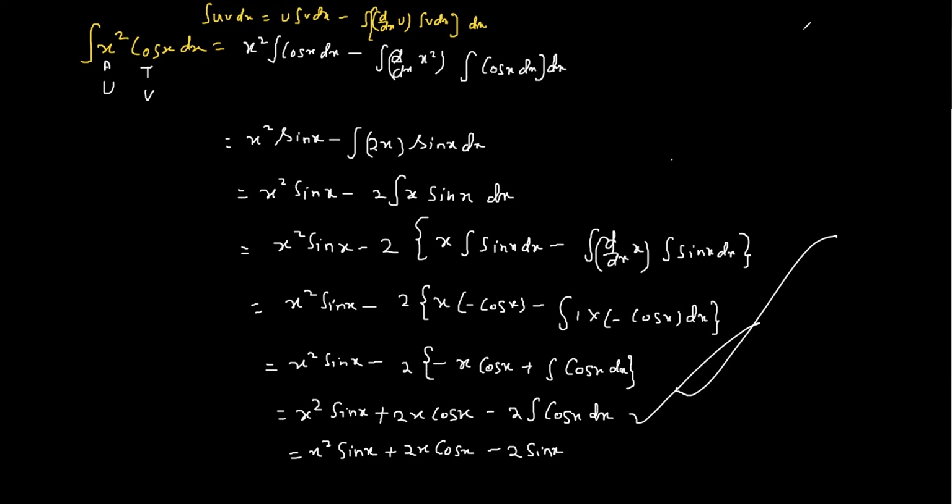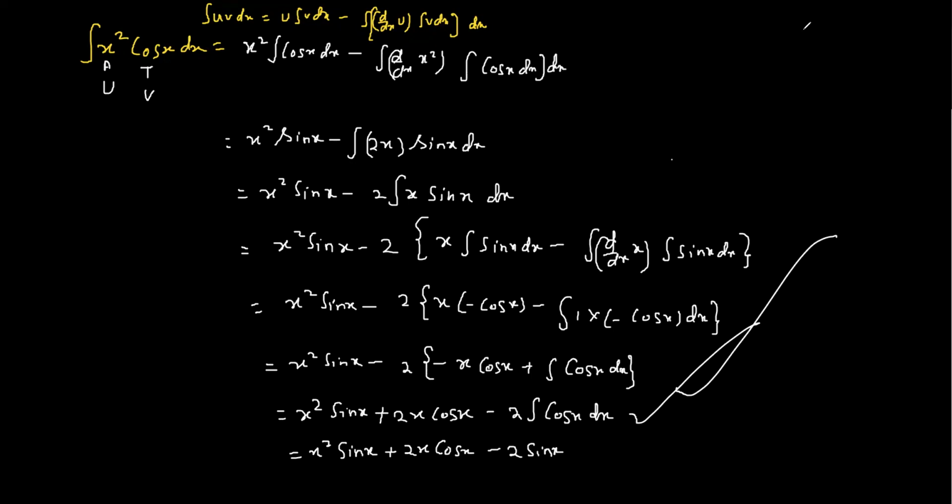You can go through it once. So x square sin x, let's convert to the integration of cos x. According to the rule, the first part minus the integration of the derivative of x square multiplied by the integration of cos x, which is sin x.